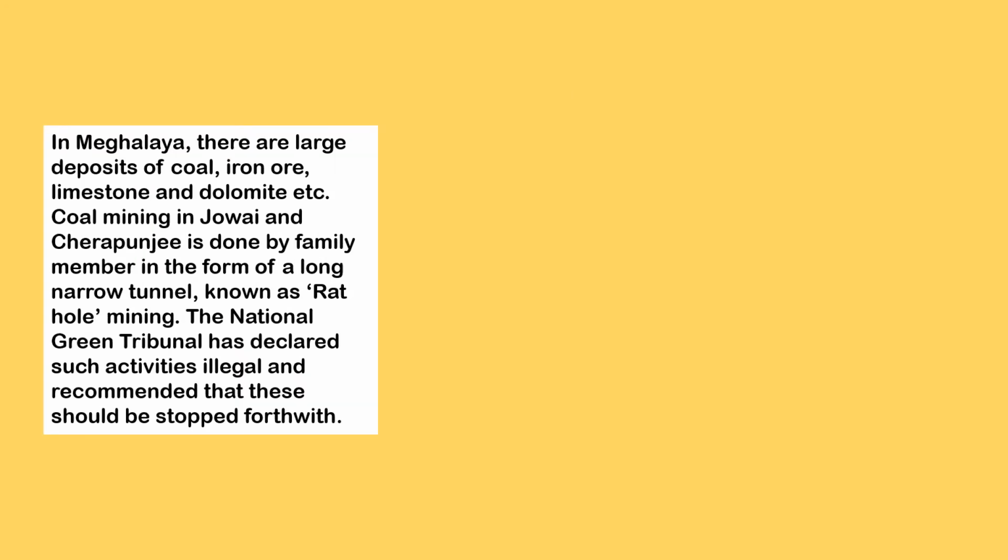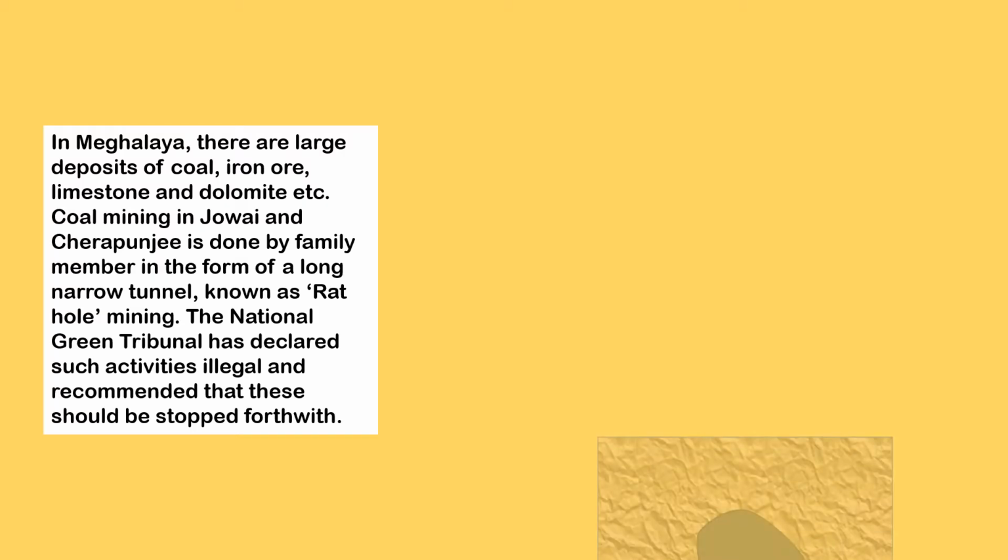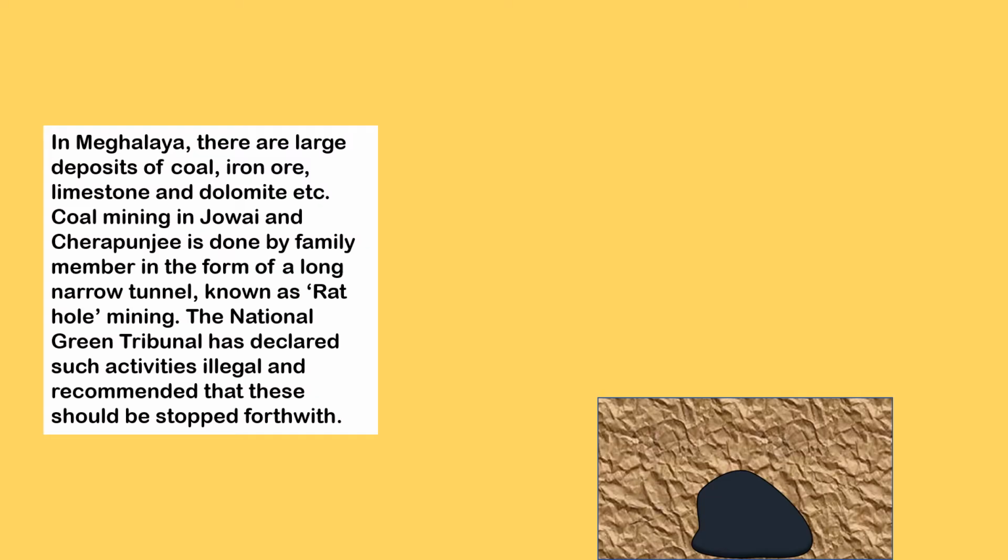In Meghalaya, there are large deposits of coal, iron ore, limestone and dolomite. Coal mining in Jowai and Cherrapunji is done by family members in the form of a long narrow tunnel known as rat hole mining.